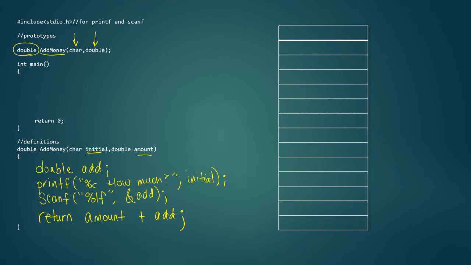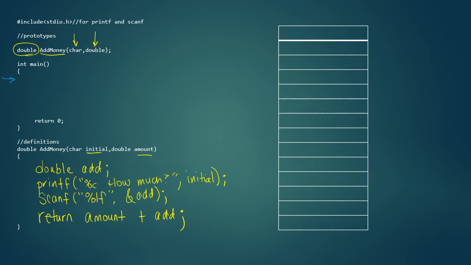Now up here, we'll do the definition of the main function. In this case, I'm trying to also demonstrate that when programs start to execute, this program's never going to reach the add money function, because execution always starts at the first instruction in the main function.